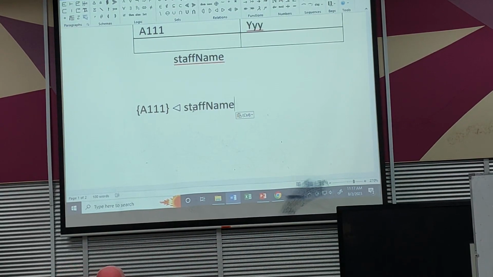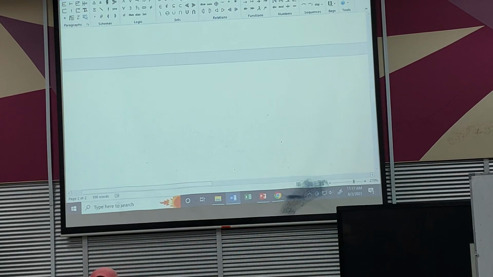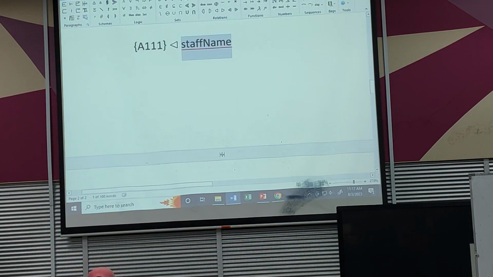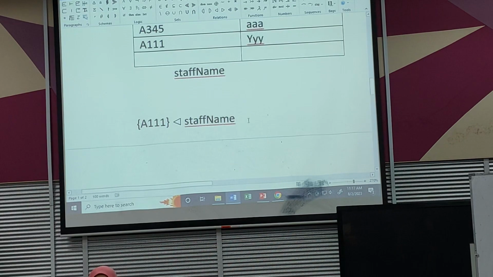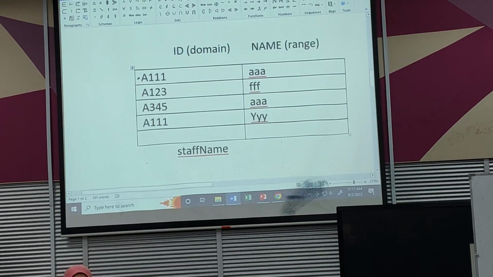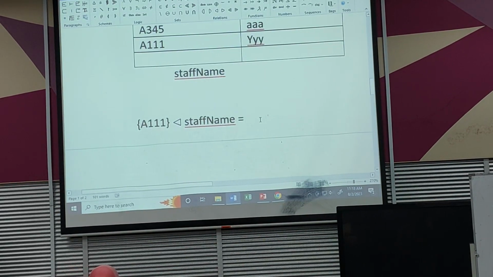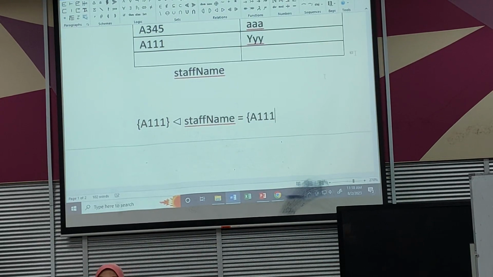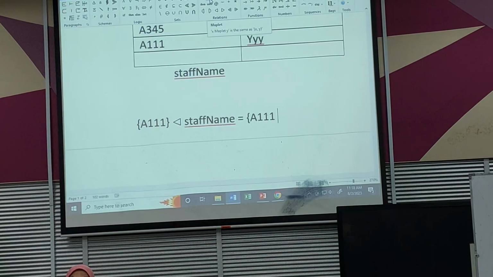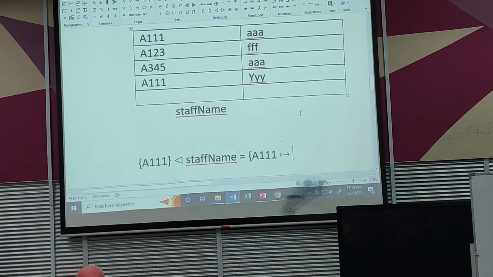Like that, in order for me to search for it. So from here the result will be, because I have two A111 entries here, I will get two results. A111 maplet, this is a maplet symbol, and then AAA.